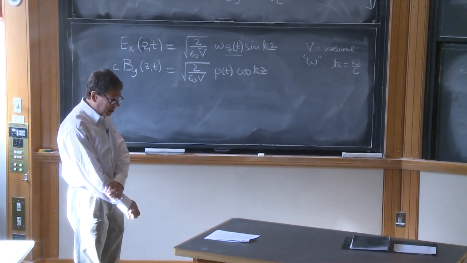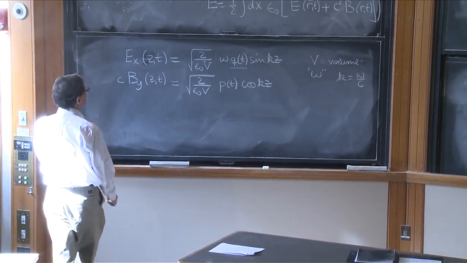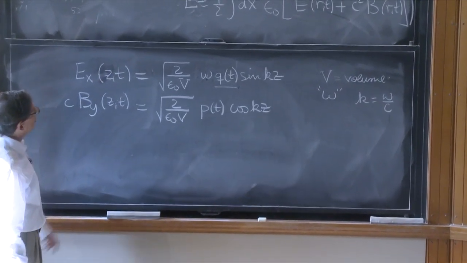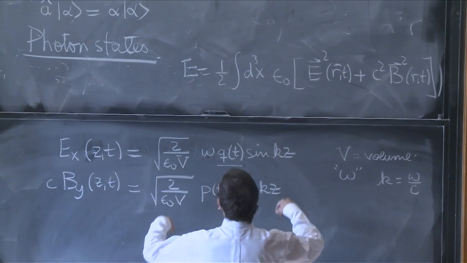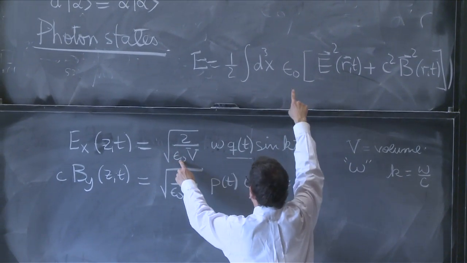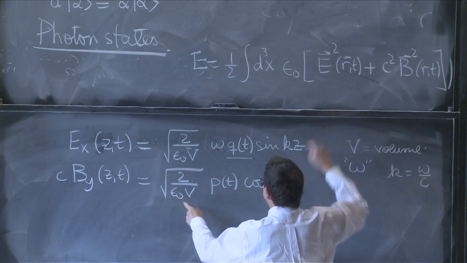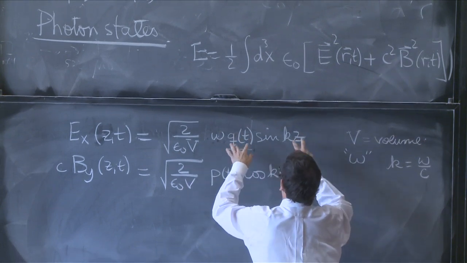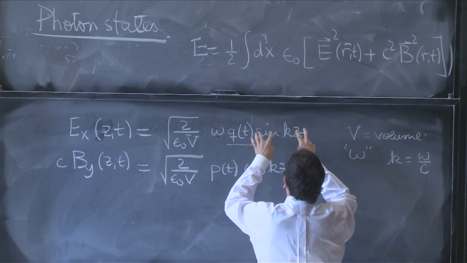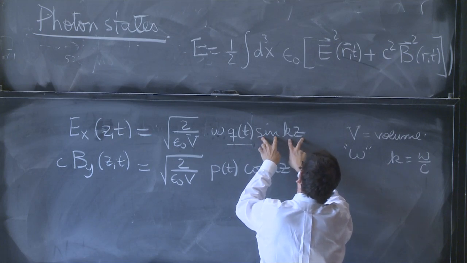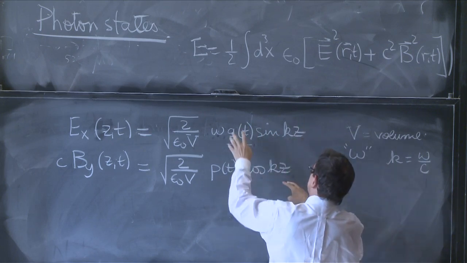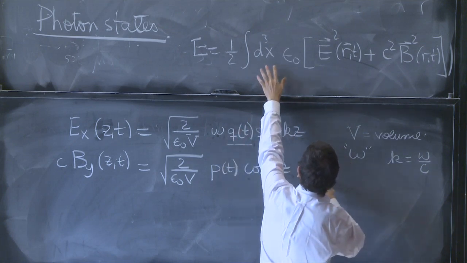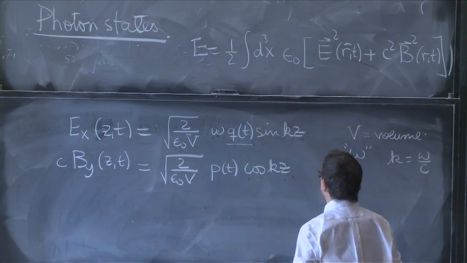The thing that is important is that we can try to calculate the energy now. And if you do it, well, the squares, the epsilon zeros are going to disappear. And you're going to have to integrate over the box. This integral of sine squared of kz or cosine squared of kz, the functions of time don't matter. This energy could depend on time.